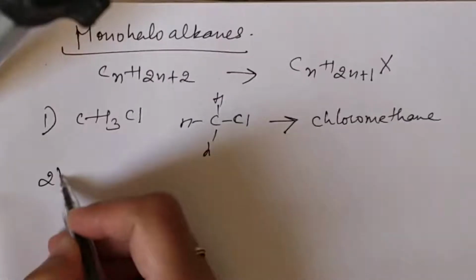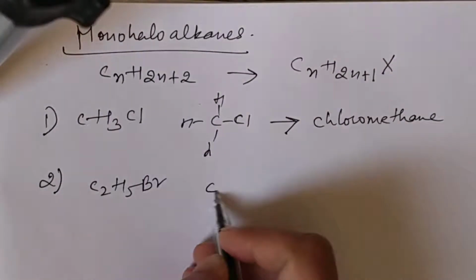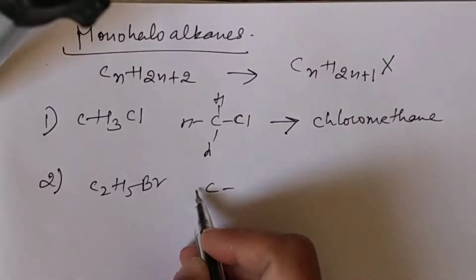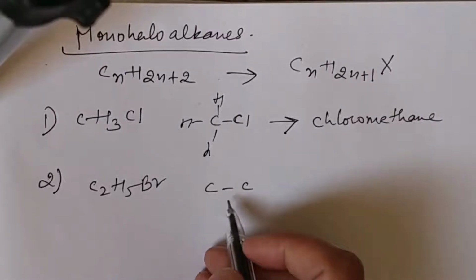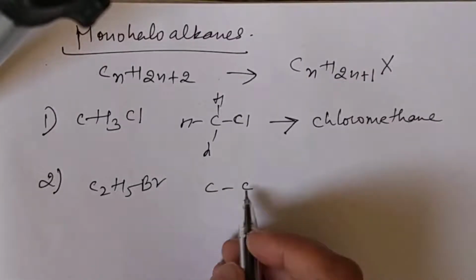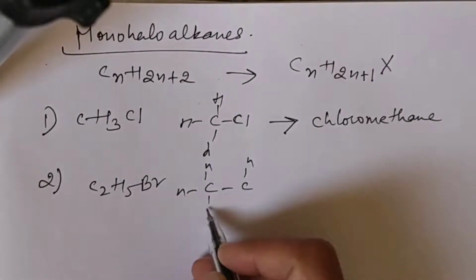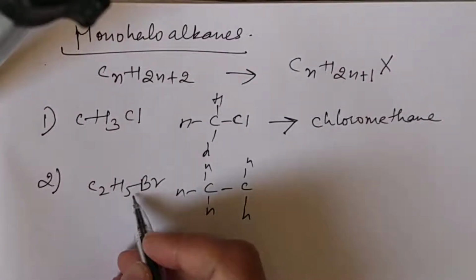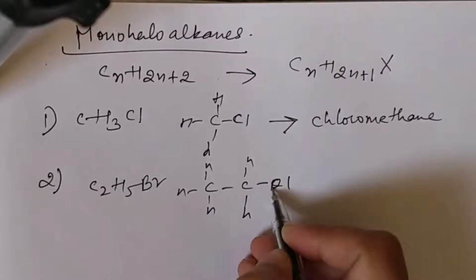Second, C2H5Br. What will be the IUPAC name of this compound? Draw the structure of C2H5Br. Make a straight chain of 2 carbon atoms, complete the valencies with 5 hydrogen atoms, and one valency with Br.